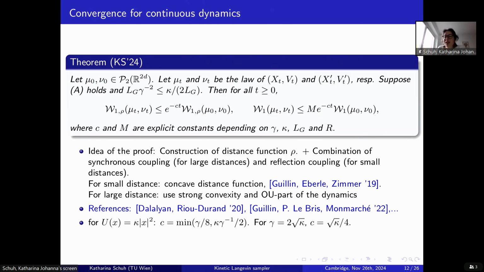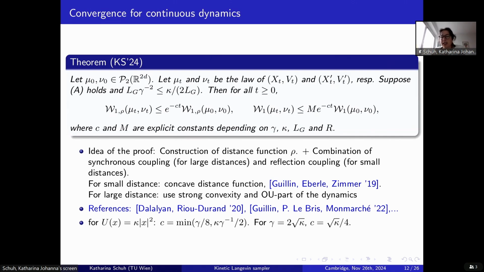Let me just mention, this is one work on the continuous Langevin dynamics. There are also other people who have worked on this. Dalalyan and Bolley-Durand analyzed in particular the synchronous coupling a lot. And then I mentioned the work by Guillin, Eberle, and Zimmer. They already analyzed the non-convex setting, but they still had some dimension dependence in their contraction rate, but we could still use their reflection coupling, or the construction of their reflection coupling and the distance function, a lot.